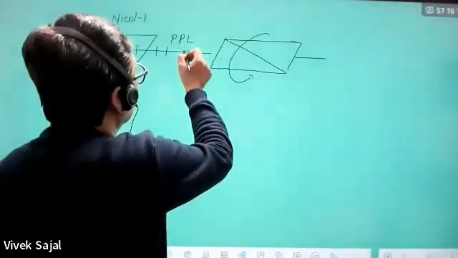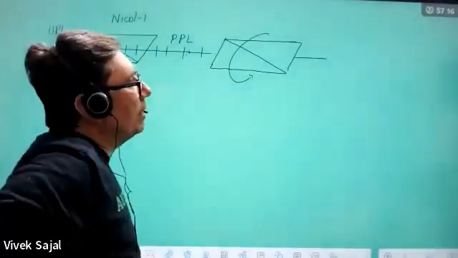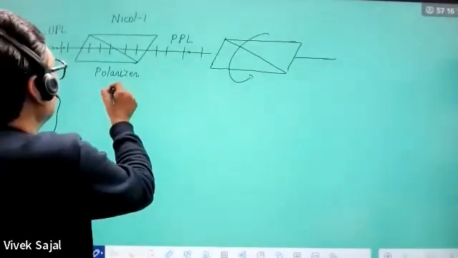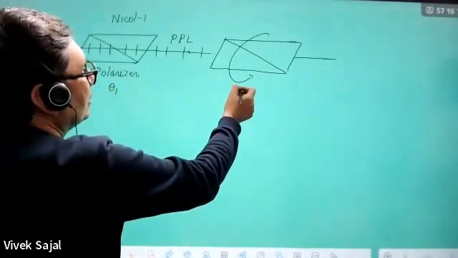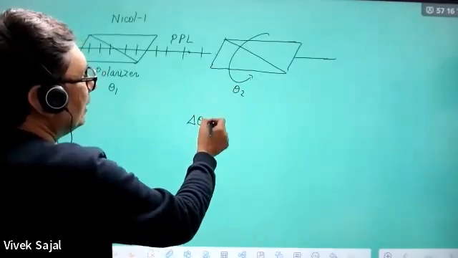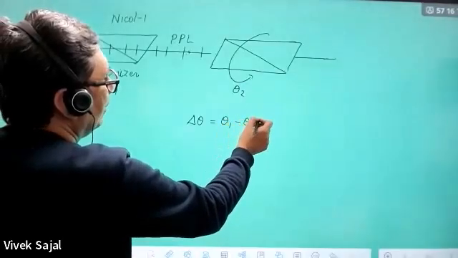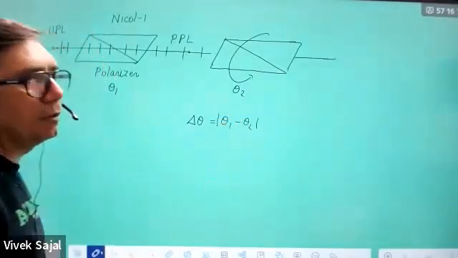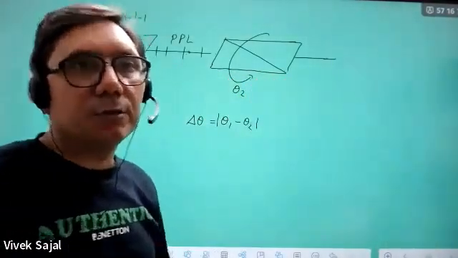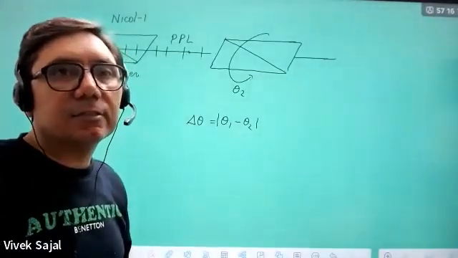Let the angle for the first be theta1 and for the second theta2, and delta theta is the mod of theta1 minus theta2. This is the angle between the principal sections of the two Nicols.